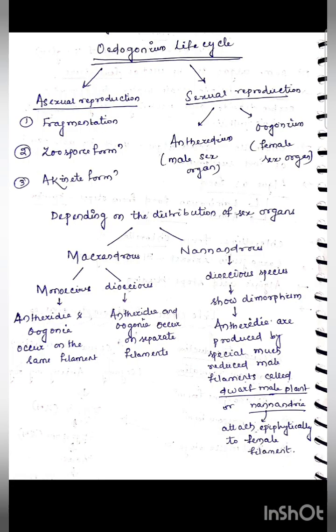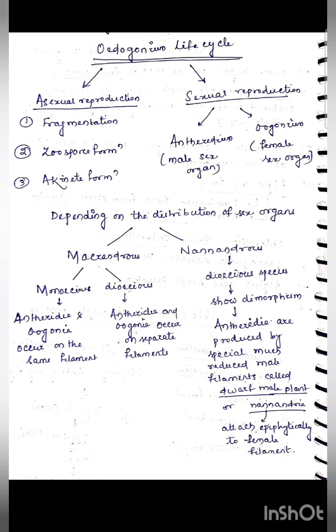So what is gynandrosporous? What is idioandrosporous? In nannandrous species, sometimes the androsporangia, which produce the peculiar type of motile spores, androspores, are generally borne in the oogonial filament, and the species is known as gynandrosporous.